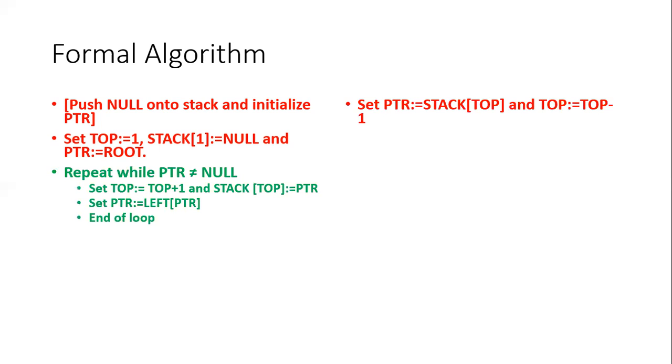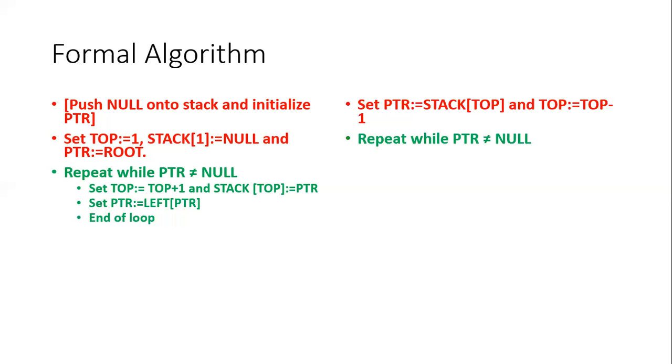Next, once the leaf node is encountered, what do we do? We pop from the stack. To pop from the stack, first we take the details from the stack, and as we take the details, we decrement the top pointer by 1.